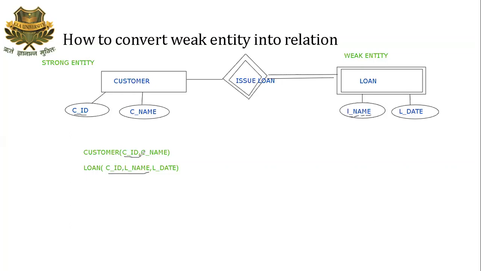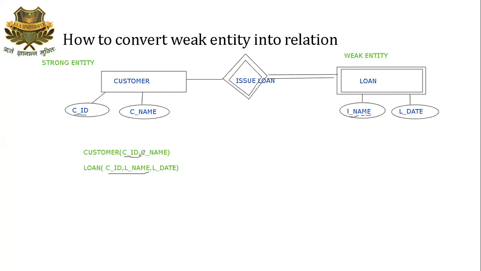And this is the simple representation of the weak entity from an ER diagram. So I hope all of you understand the things. When a weak entity is there in an ER diagram, just write the names of the entities. Then in the entity, write all its attributes.